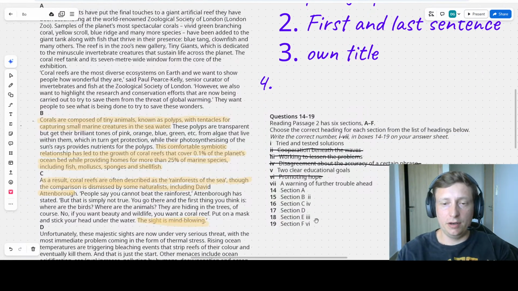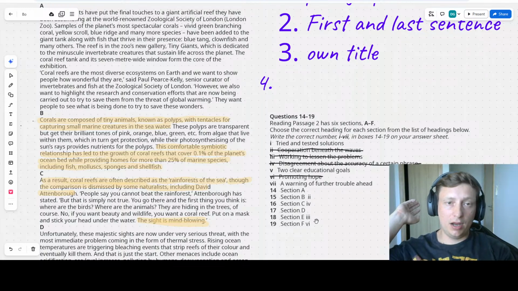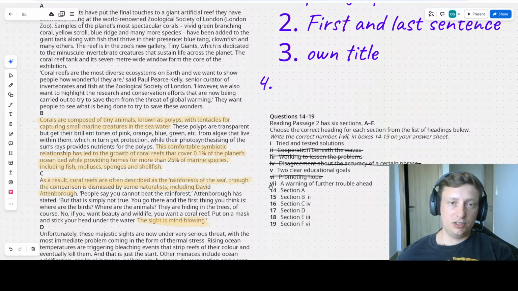At this point, we only have 2 paragraphs left, and there are only 3 options left. And when you have 3 options left, it's much easier just to have the options in the back of your mind, as you can just skim through the text to try and figure out what it means.